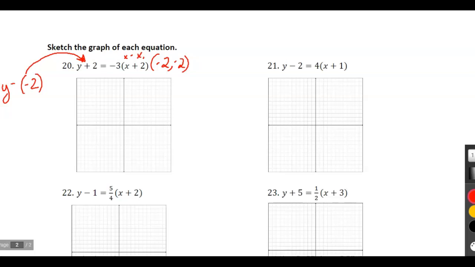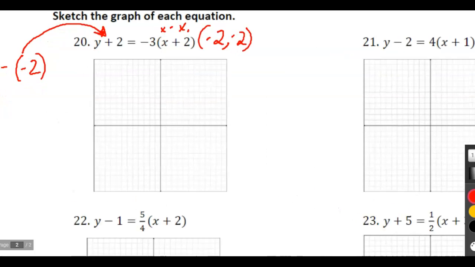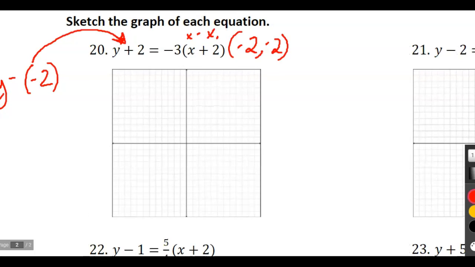So I just start at that point. I'm going to zoom in here for you guys. I go back 2, down 2, and I put a dot. And now my slope's -3, so that's a -3 over 1. So I can go down 1, 2, 3 over 1, down 1, 2, 3 over 1. Do that a few times. This is why they call this one point slope.